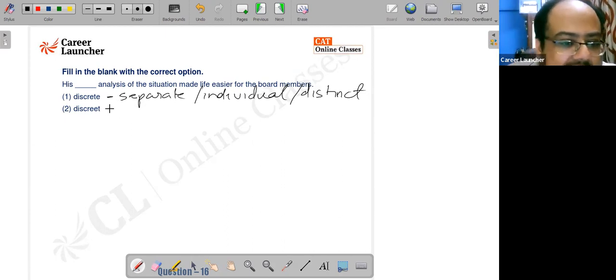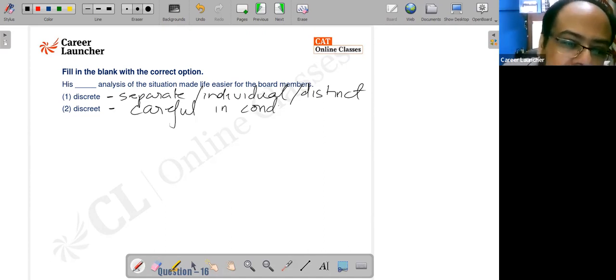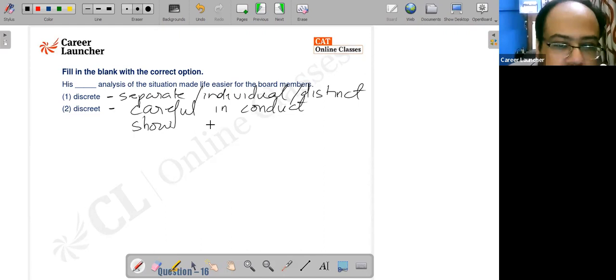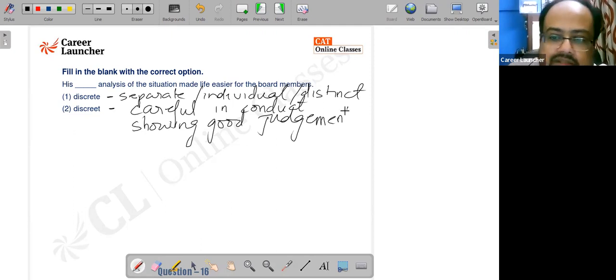The second option, discrete, where it says CREET, it refers to something that is careful in conduct, or it could even be something that is showing good judgment.